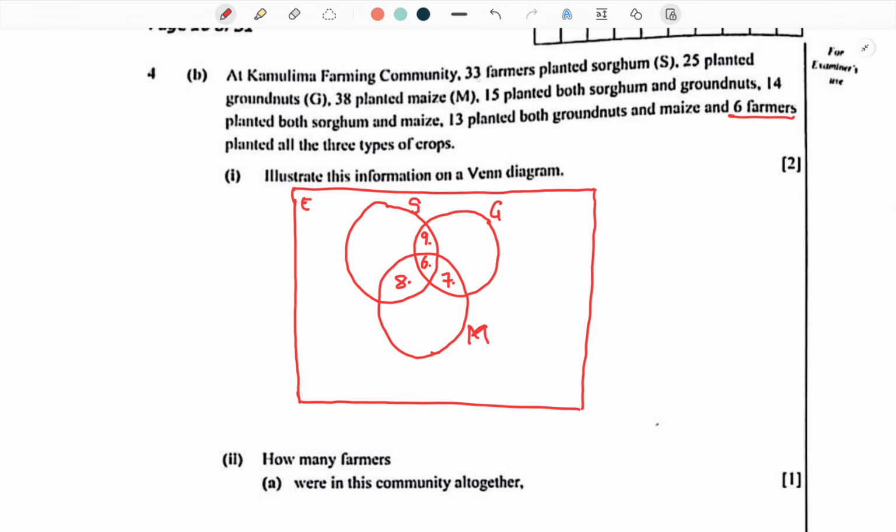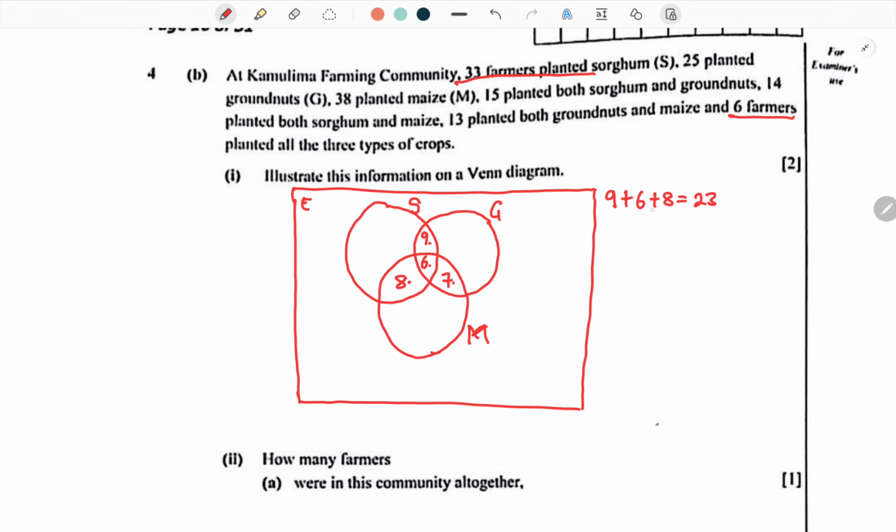Now they are saying 33 farmers planted sorghum, right? So you are going to get your 9 plus your 6 plus your 8. Then it's going to give you 23. So you add everything that is in sorghum. You add your 9 plus your 6 plus your 8, which is going to give you 23.